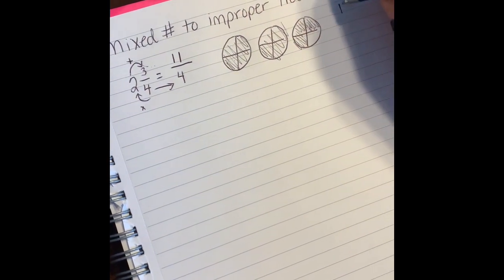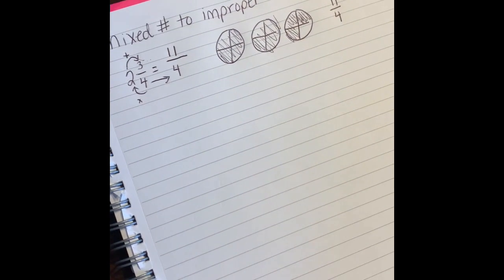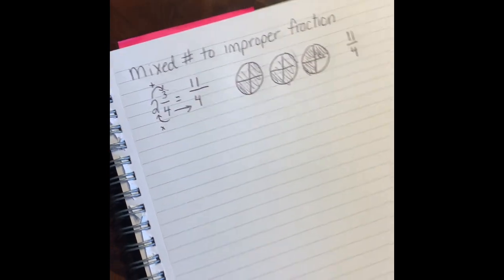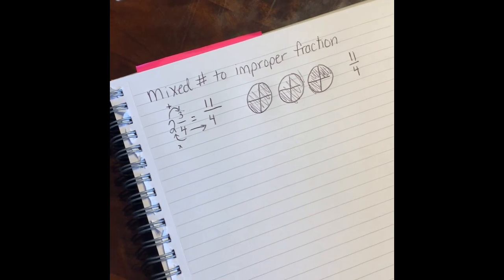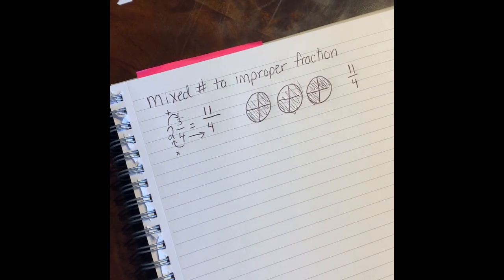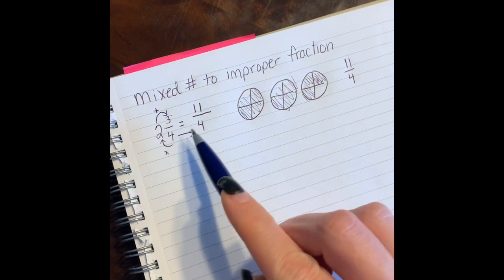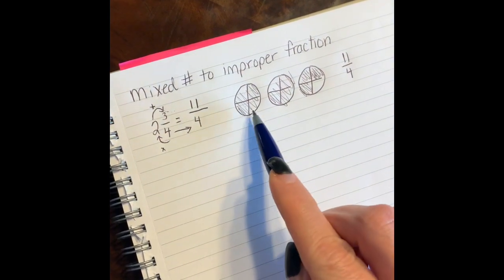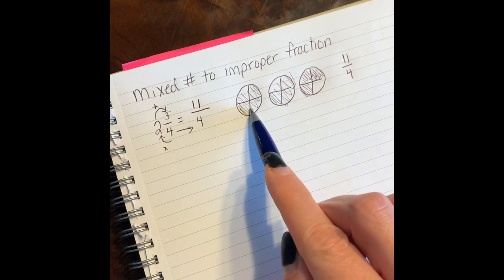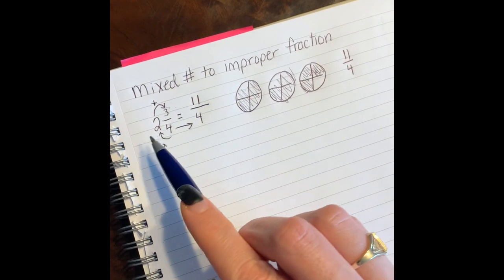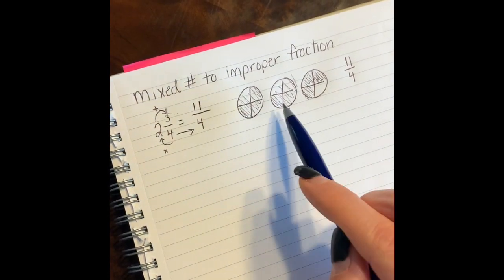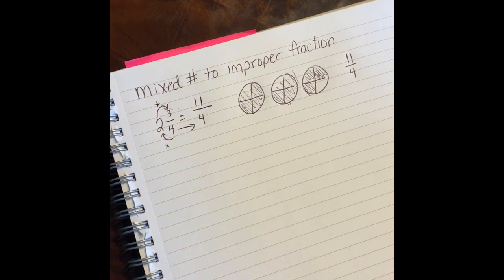I have 11 fourths, 11 pieces of pie that are cut into fourths. So that's another way that you can change a mixed number into an improper fraction: by drawing a picture. Use your denominator as how many pieces each whole is cut into, color in what we have, and then count the number of pieces that you have.